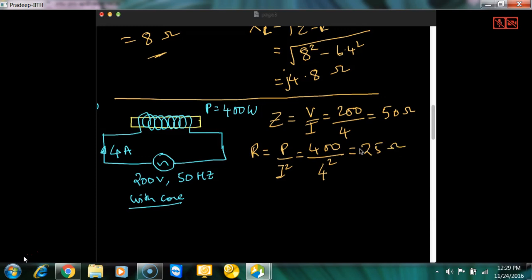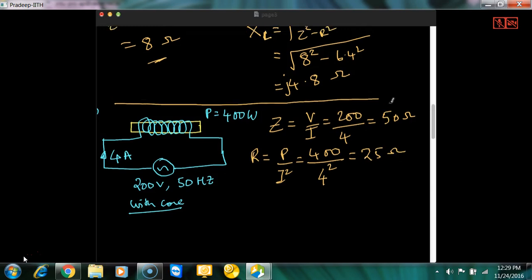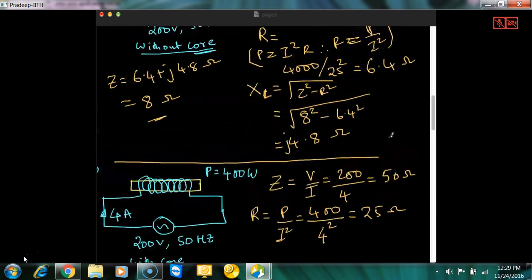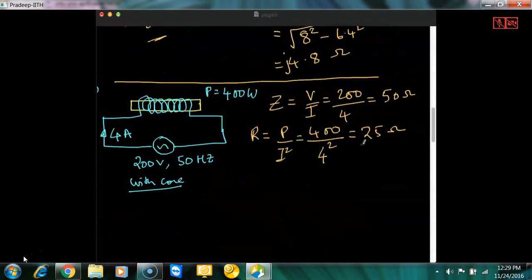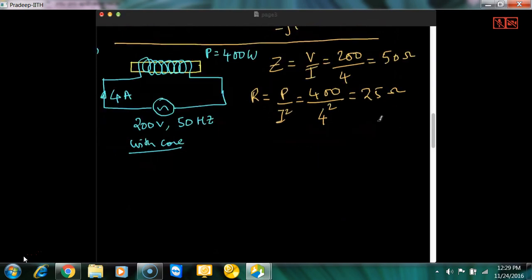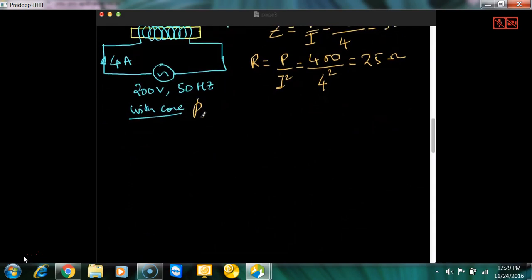But if you notice, earlier the resistance we calculated was only 6.4 ohms. Okay? But why are we getting 25 ohms now? So what is happening is, to account for the core losses, the higher resistance is coming into the picture. So this is basically the effective resistance.